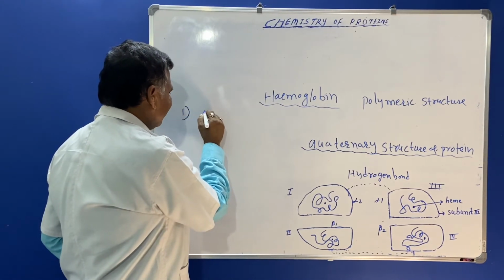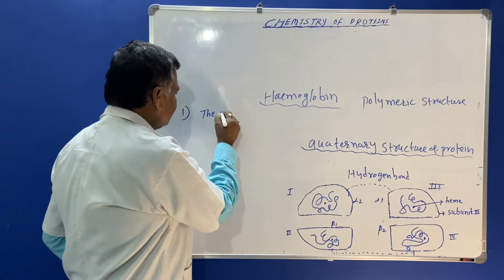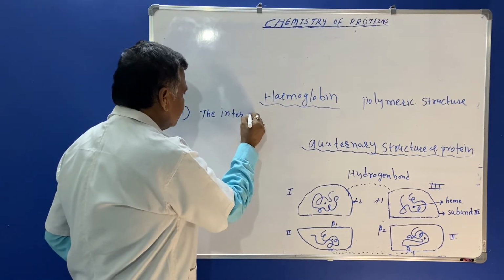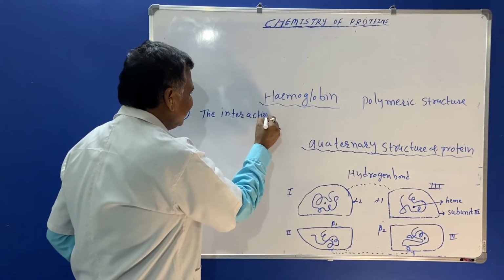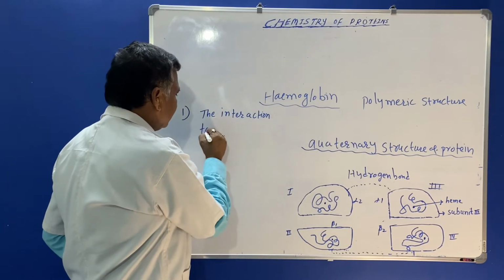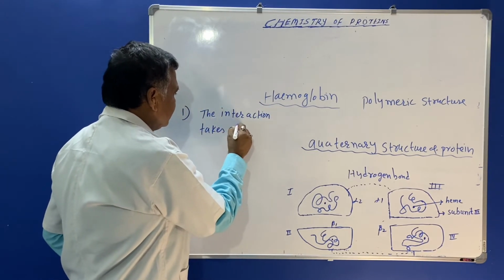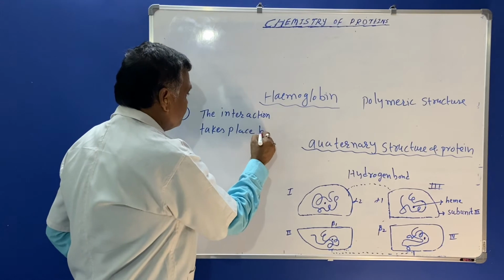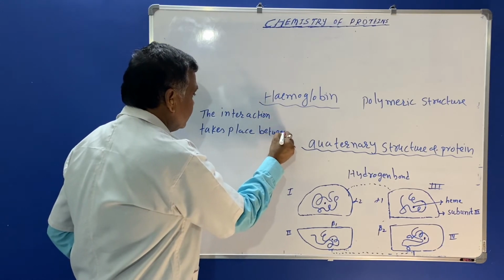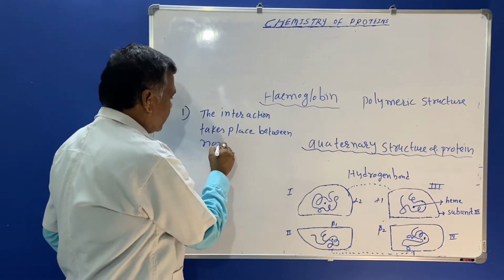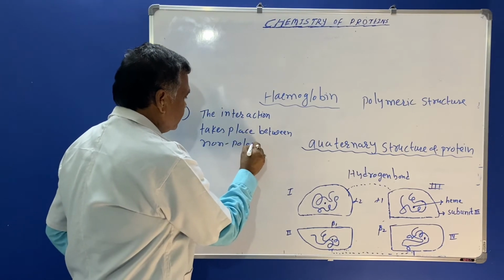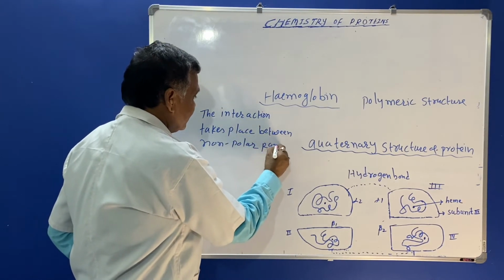First, the interaction takes place between non-polar R groups.